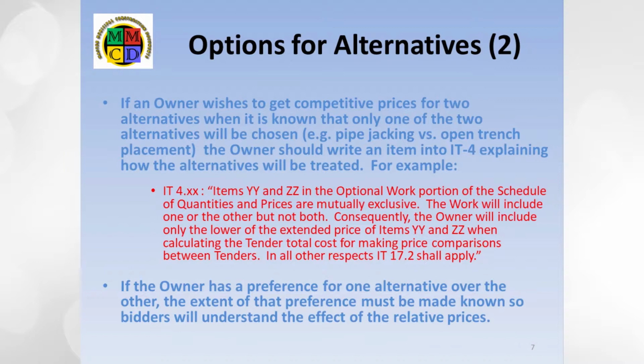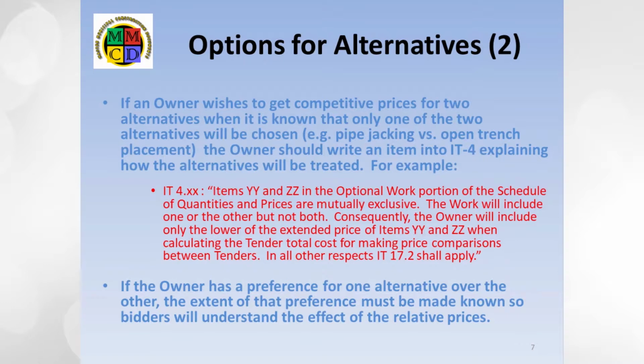The work will include one or the other, but not both. Consequently, the owner will include only the lower of the extended price of items YY and ZZ when calculating the tender total cost for making price comparisons. In all other respects, IT 17.2 shall apply.